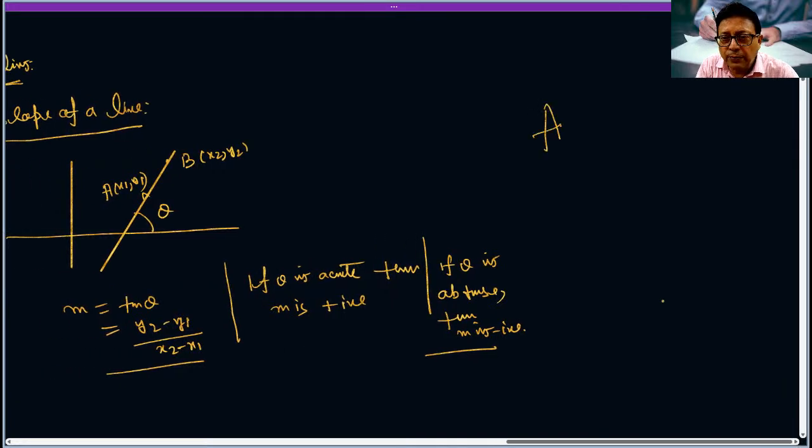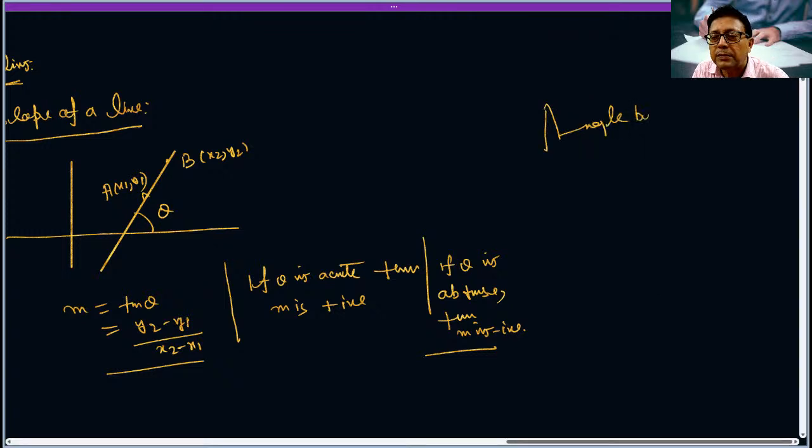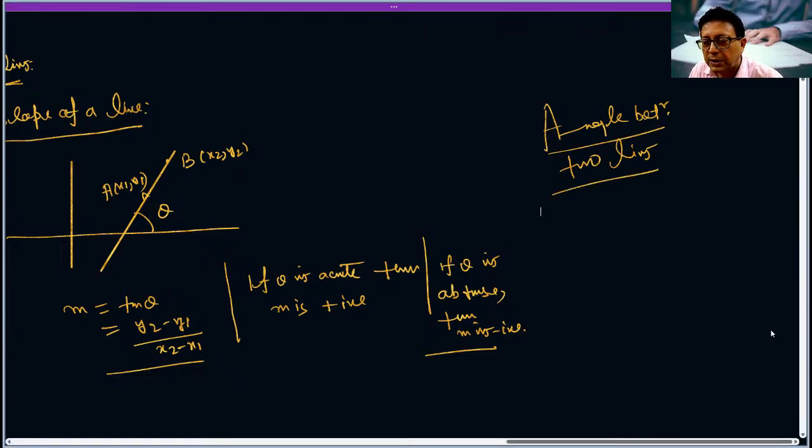Now, what is the formula for angle between two lines? I just remind you the formula before we start sums.